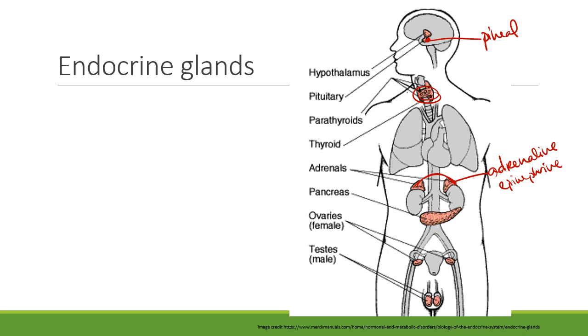These are produced by the adrenal glands and have an impact on metabolism and heart rate, breathing rate, when we have that fight or flight response. Pancreas is pretty cool. It is an endocrine gland. It is also an exocrine gland. It is both endo and exo, which is pretty cool.